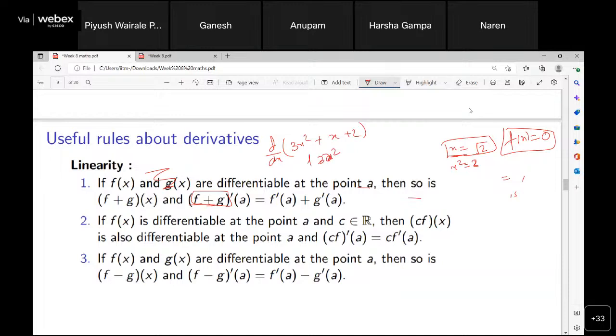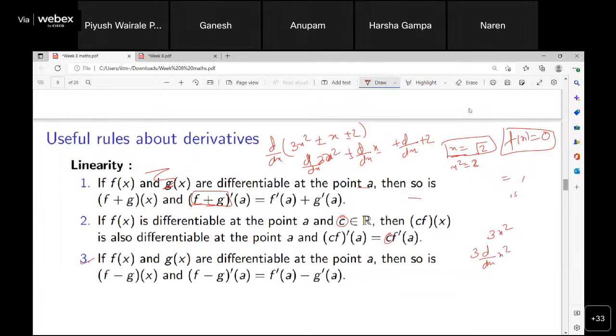I can simply transfer the derivative to each individual term, and this works for plus or minus. Now, if there is a constant multiple c, we can take that constant outside. For example, for 3x square, the derivative will be 3 taken outside, d/dx of x square.